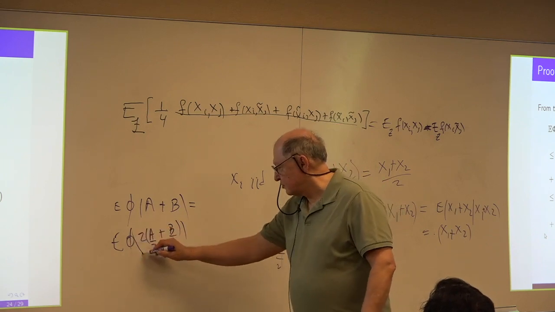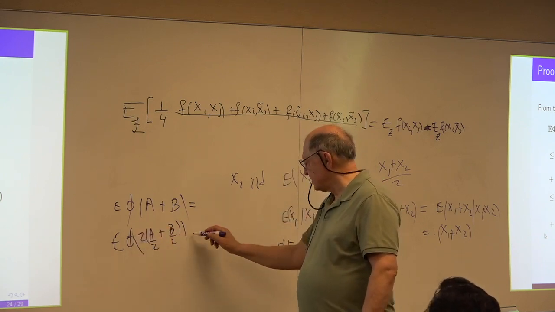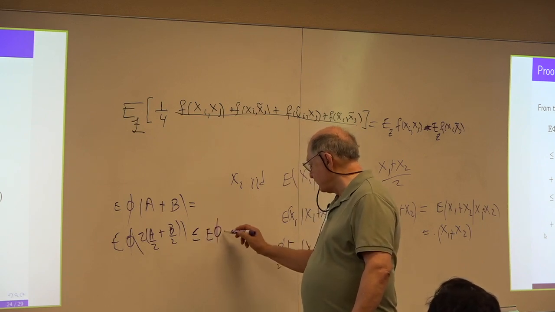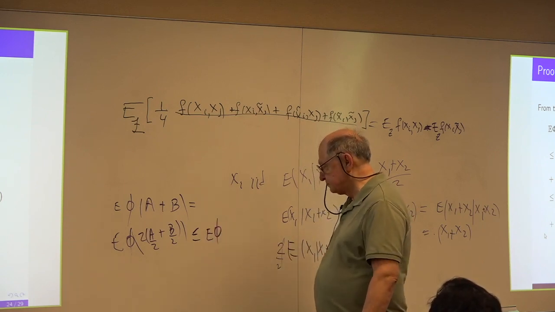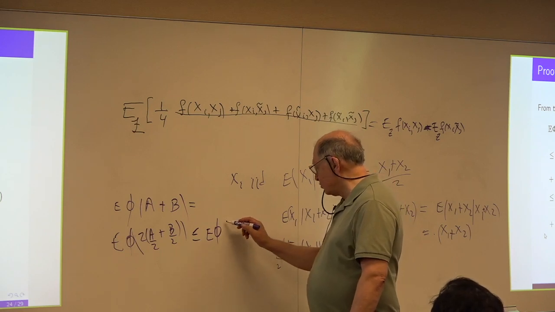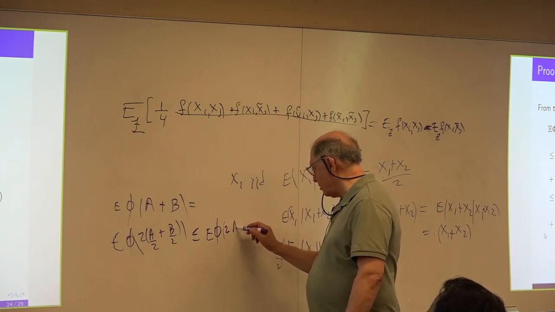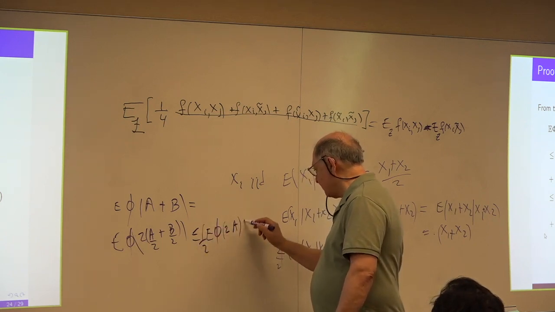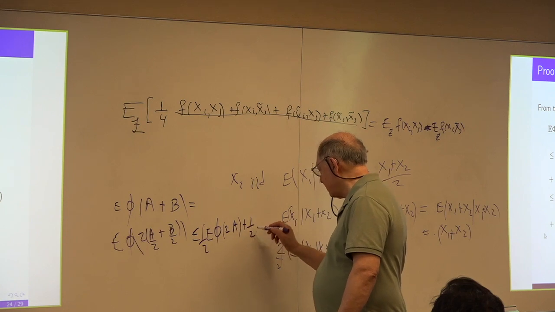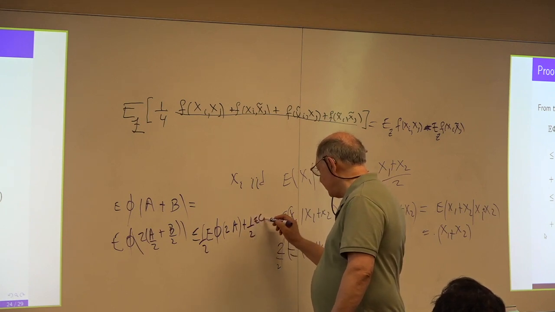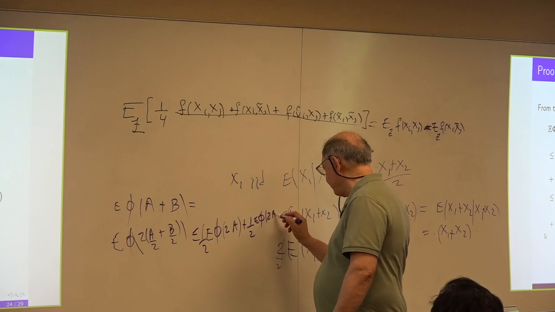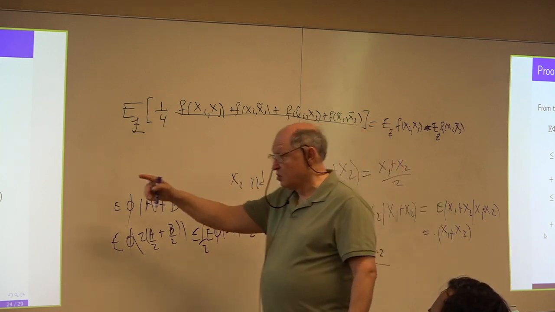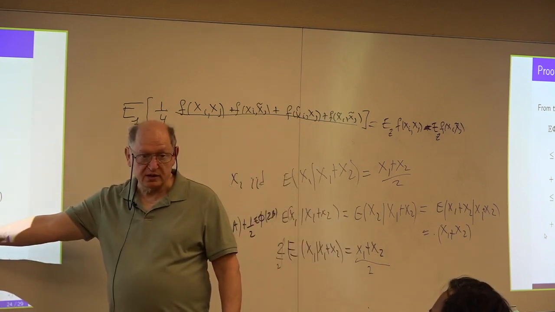And using the convexity, this is less than or equal to the expected value of phi of a half of 2A plus a half of expected value of phi of 2B. So that's what's at play here. So that's how we got here. So we are using the convexity property.